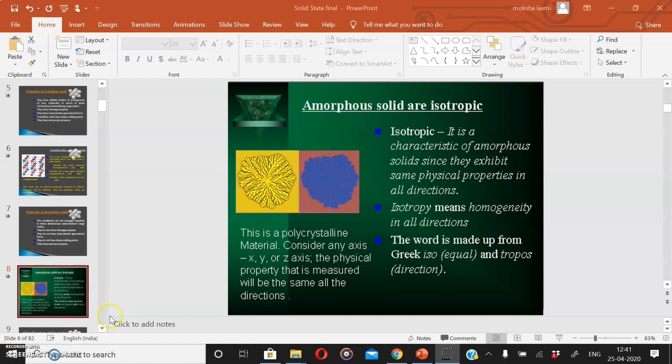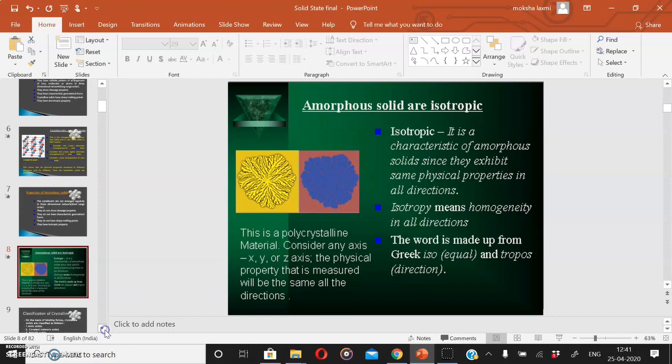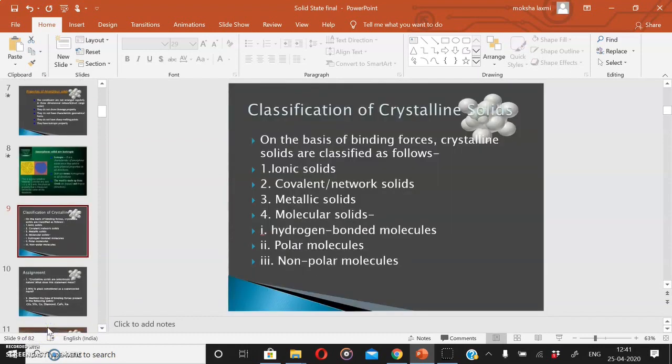Now next we'll see the classification of crystalline solids. Earlier you studied the classification of solids into crystalline and amorphous. That was based on the arrangement of particles in a solid. Now we will study the classification of crystalline solids.